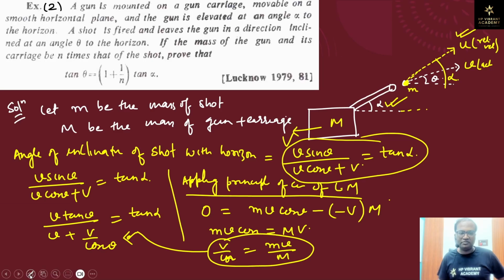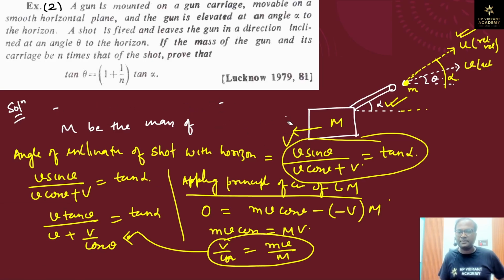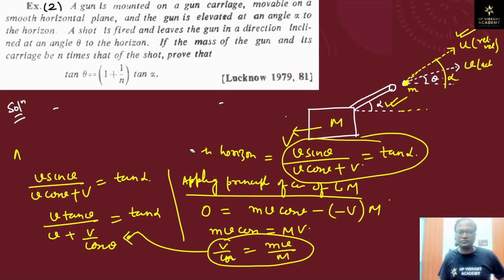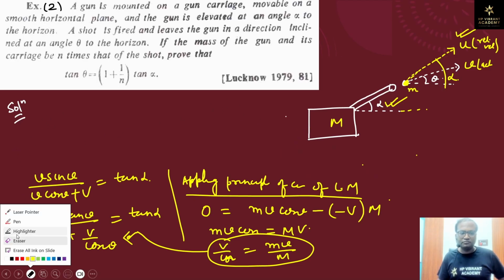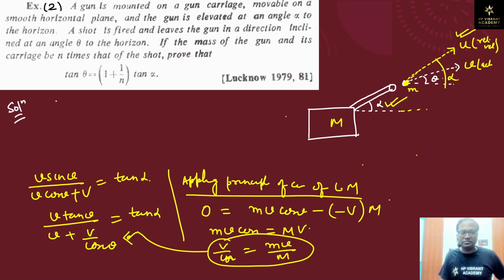Let us further simplify this. So we have small v tan theta upon small v plus M small v upon capital M is equal to tan alpha.